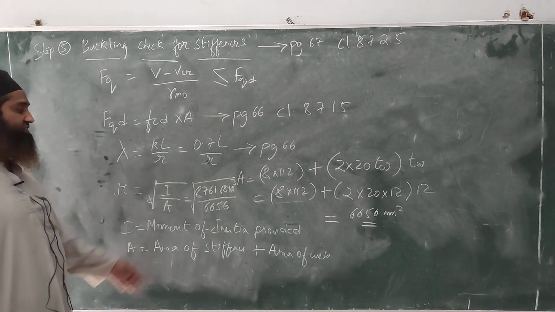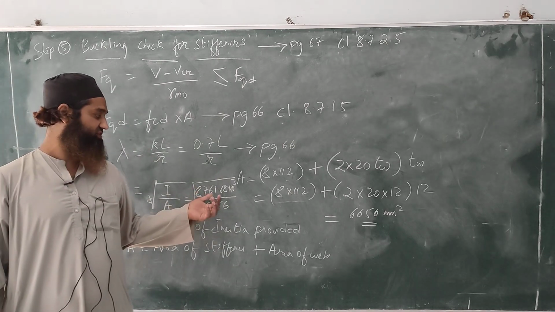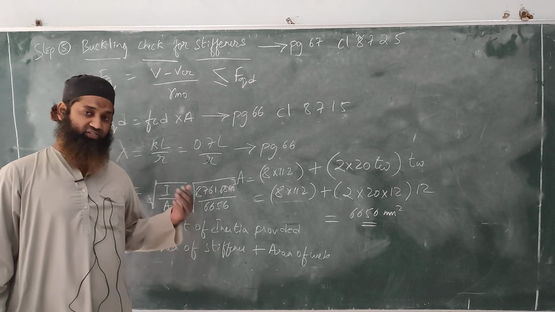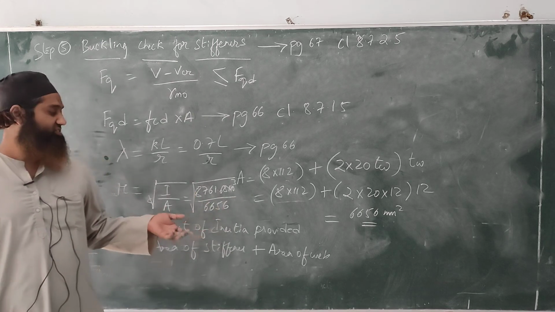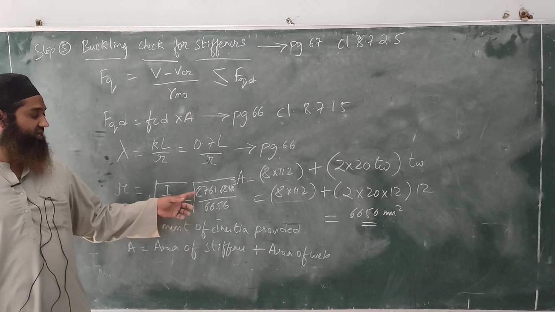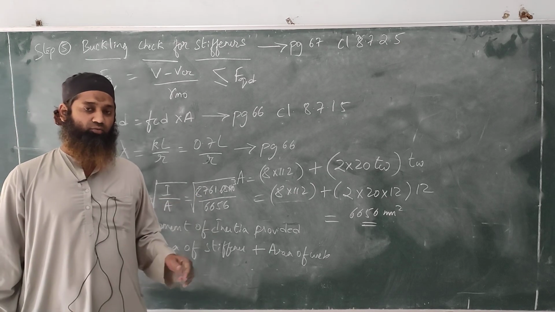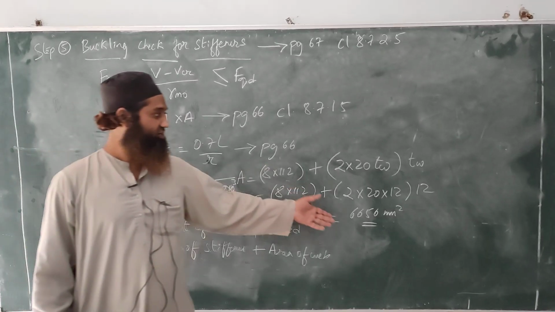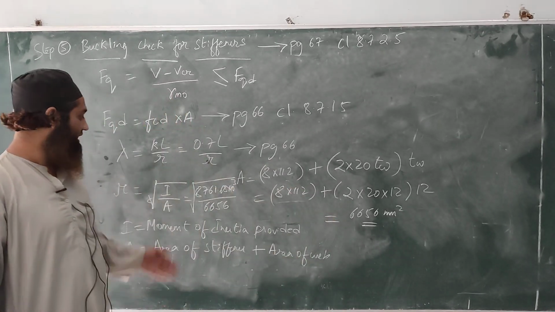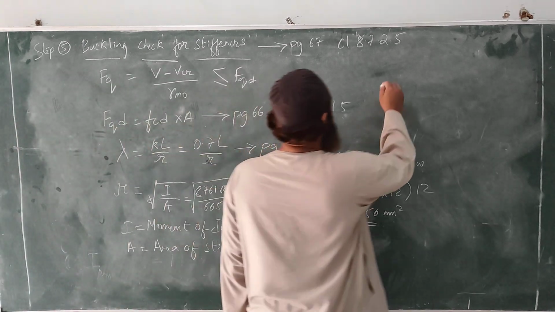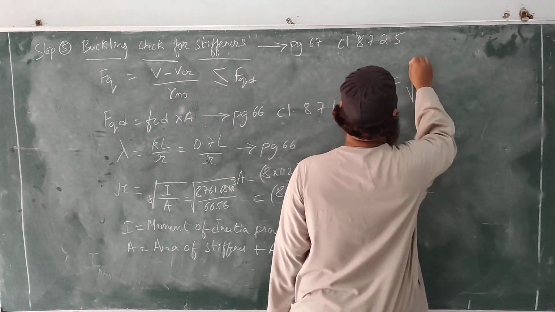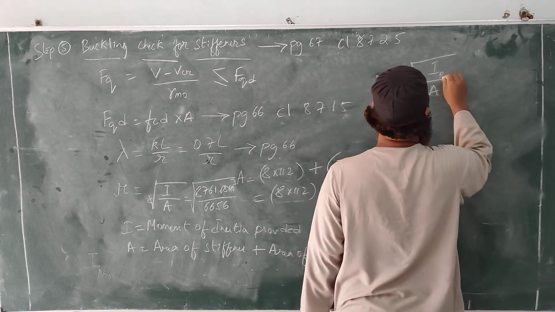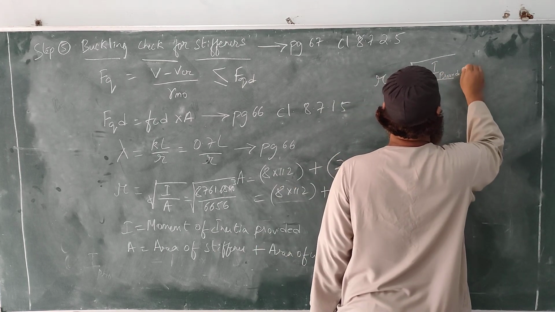So r, after substituting these values: 8761.68 into 10 cube was the moment of inertia which I had calculated in the previous step, that is the provided moment of inertia. I've just substituted that value, and the area I've got from here is 6656. If you want, I'll write it more clearly here. r is equal to root of I by A, where I is the moment of inertia provided.